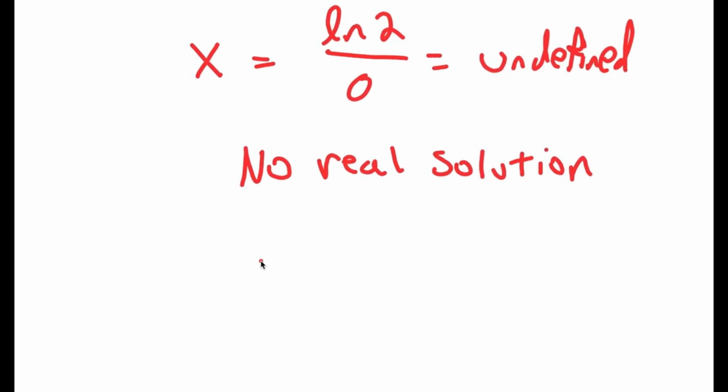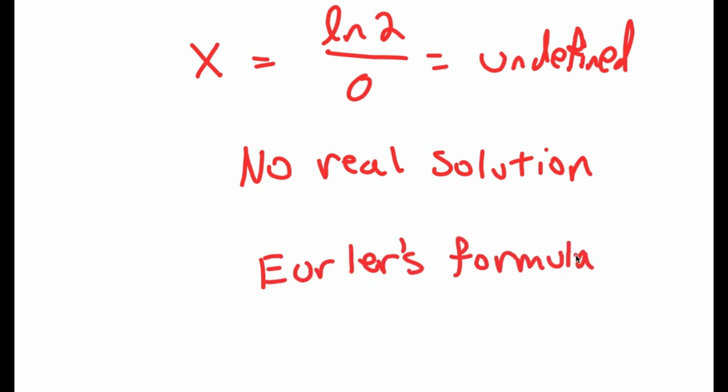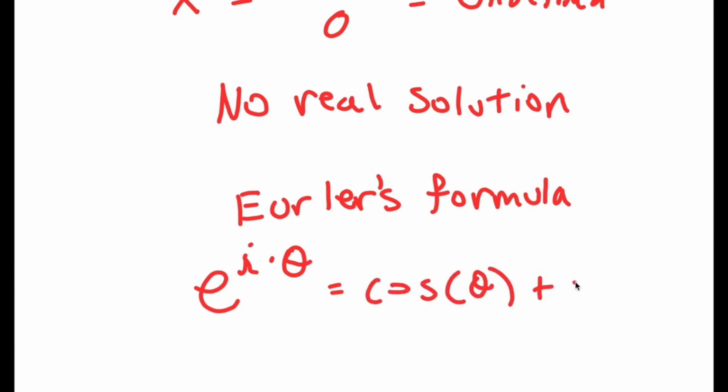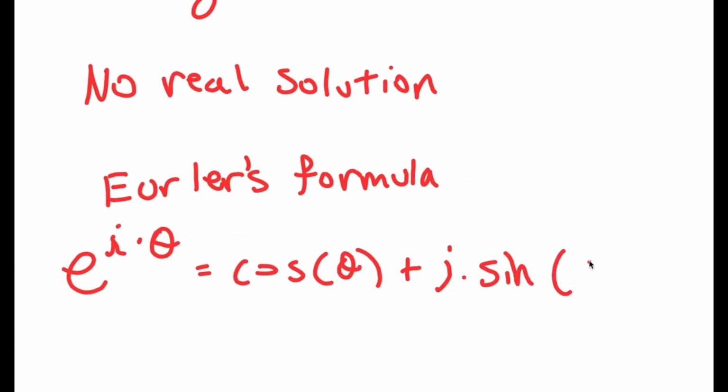So to actually solve this, I'm going to use something known as Euler's formula. And basically what this formula is, if I have something in the form e to the power of i times theta, this is equal to cosine of theta plus i times sine of theta.